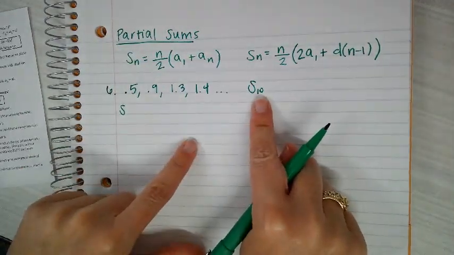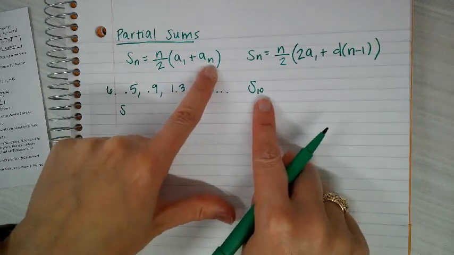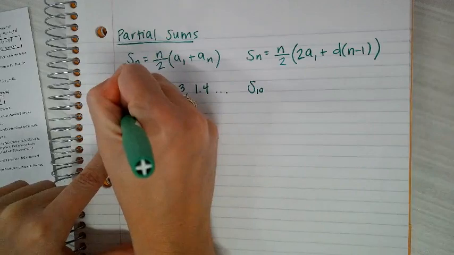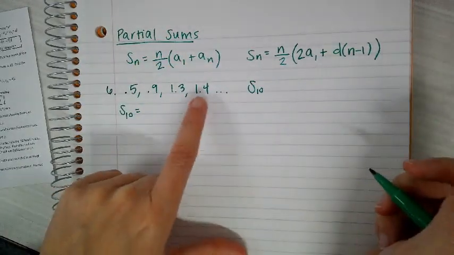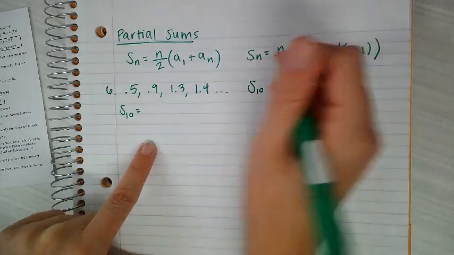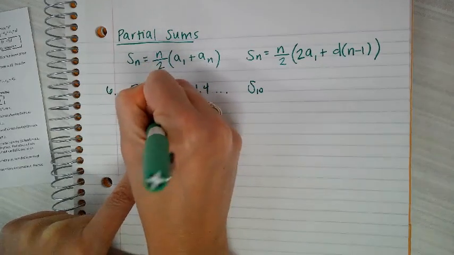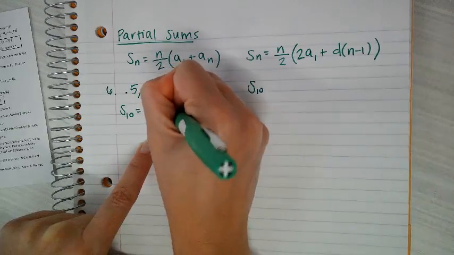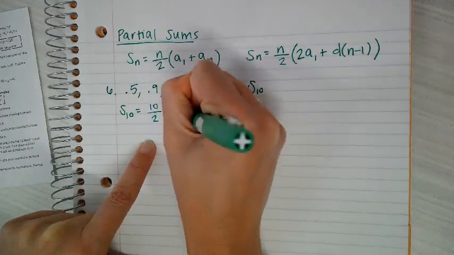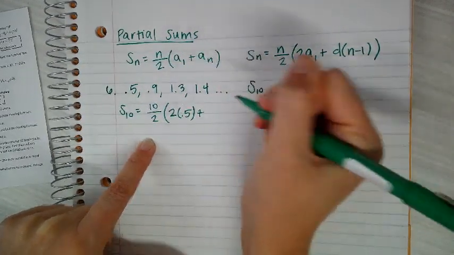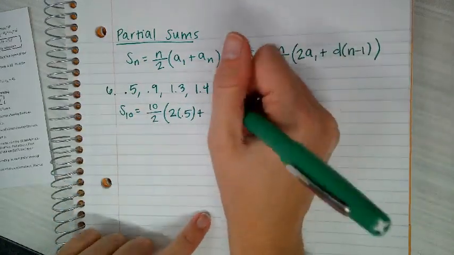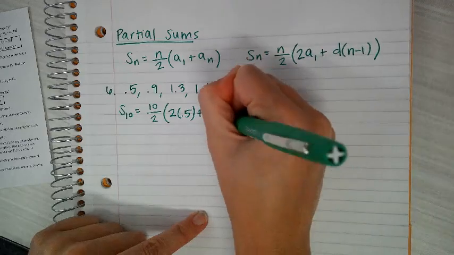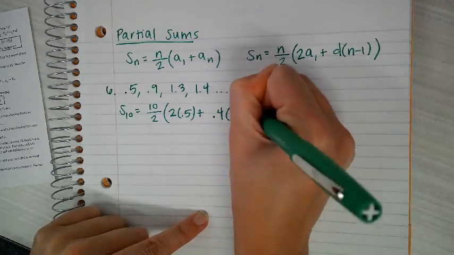This means I don't have to find what the 10th term is. I can just say, okay, I know that n here is 10, so 10 over 2, times 2 times the first term, so 2 times 0.5, plus, I can clearly see the common difference is 0.4, times n minus 1. So here, that's going to be 10 minus 1.